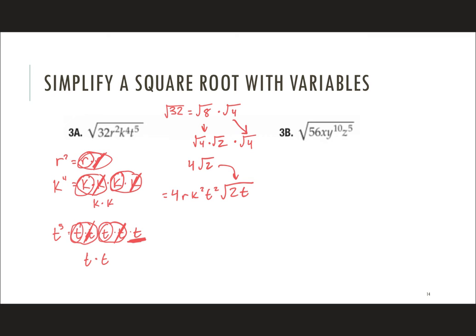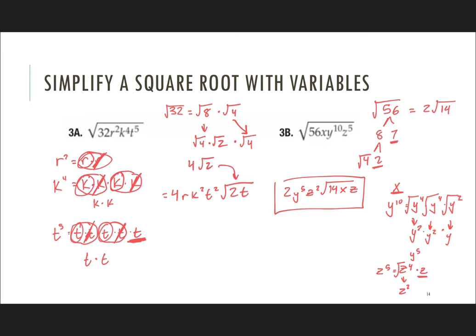Okay? All right. Do the next one. When the video plays again, you'll see the answer. And there's your answer. Now with this one, as you can see my work off to the side, I started with my number, and I broke 56, or the square root of 56, up into its factors. Now this time around, I did a factor tree.